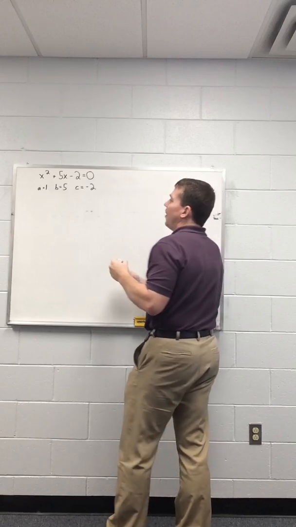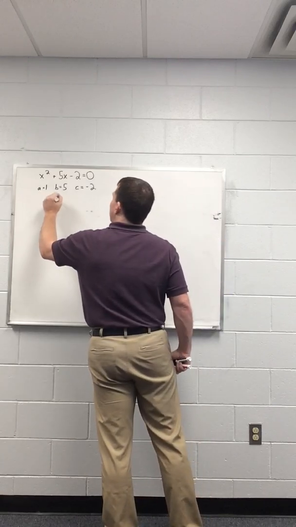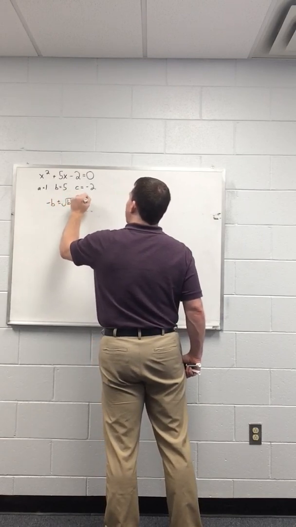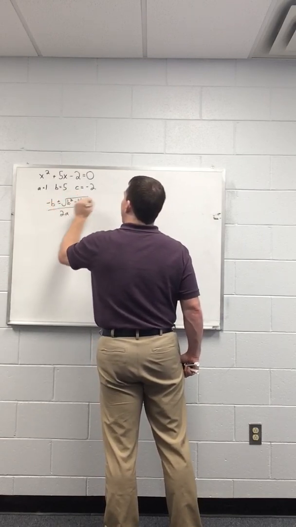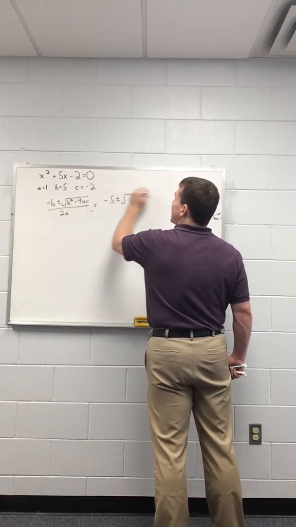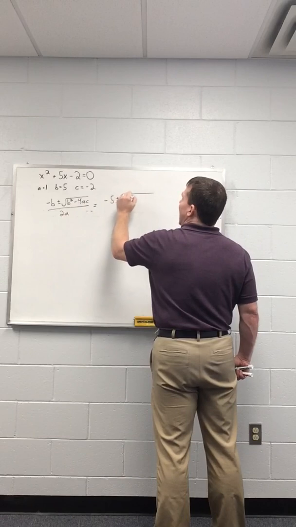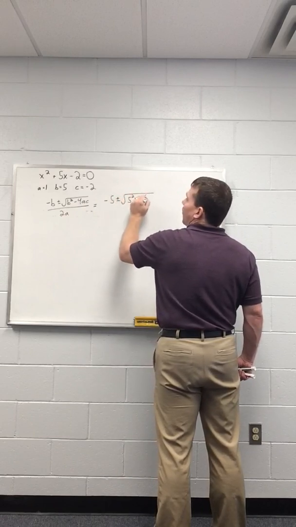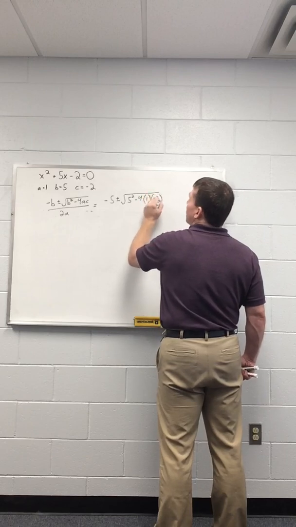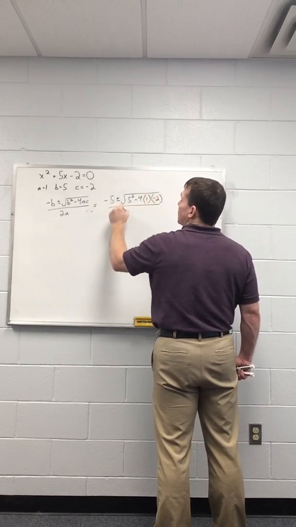So when I plug into the formula, negative b plus or minus the square root of b squared minus 4ac all over 2a, which gives me negative 5 plus or minus the square root of 5 squared minus 4 times a, which is 1, times c, which is negative 2, all over 2 times 1, which is 2.